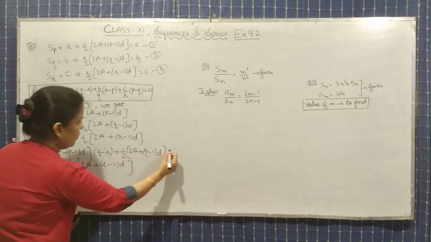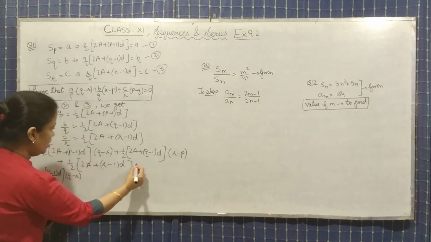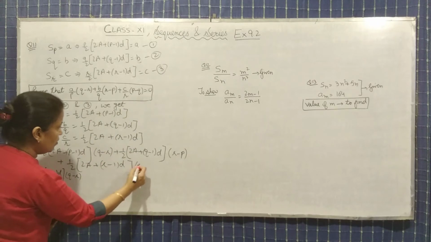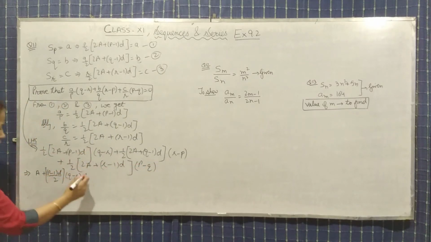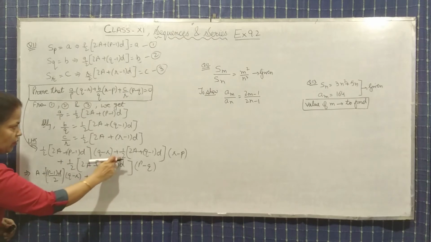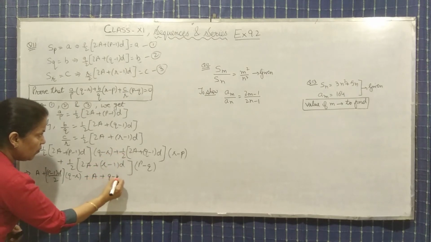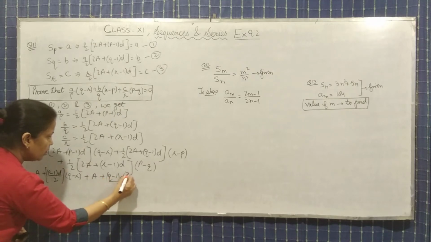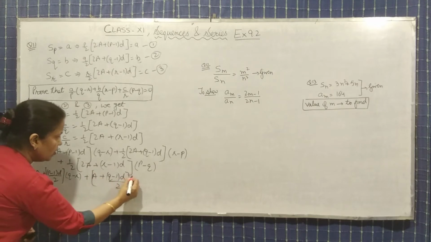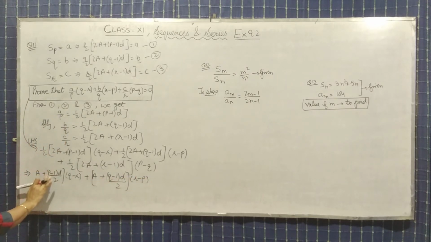Plus (a plus (q minus 1)d upon 2) into (r minus p).